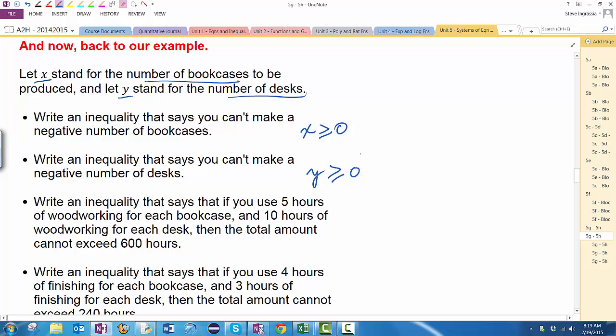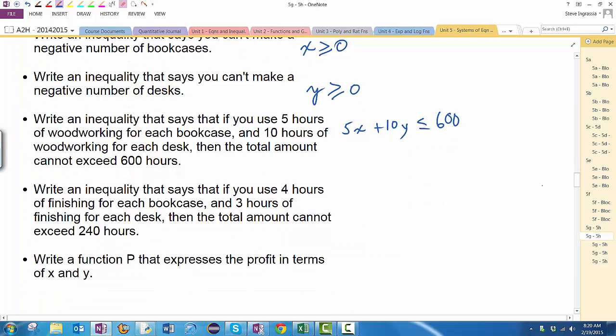What's our inequality about having only 600 hours of woodworking? If you use 5 hours for each bookcase, that's 5x, and 10 hours for each desk, that's 10y, that has to be less than or equal to 600. Does that inequality sound familiar? Did you perchance just graph that one? What a coincidence.